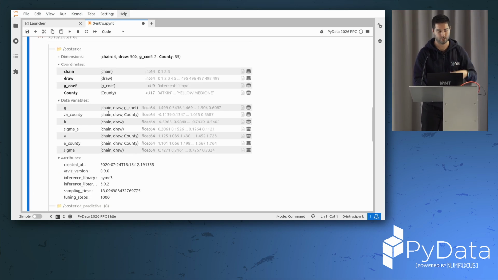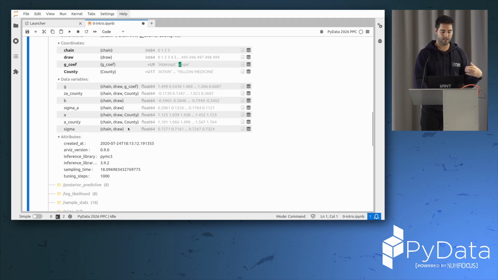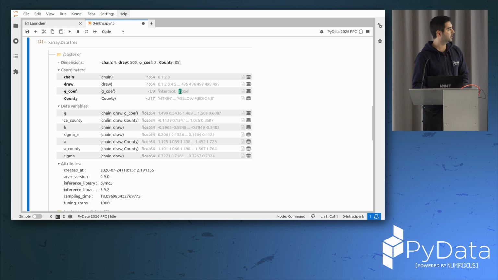Then we have a model that has some regression components. We have parameters that are coefficients that depend on the county the measurement was taken in. We have an intercept, we have a slope, and stuff like that. And out of this posterior, for which you have chain and draw, we have 2,000 samples for each of these that describe a distribution.